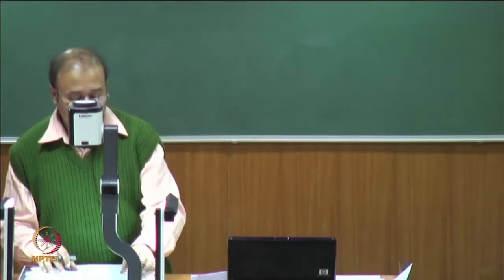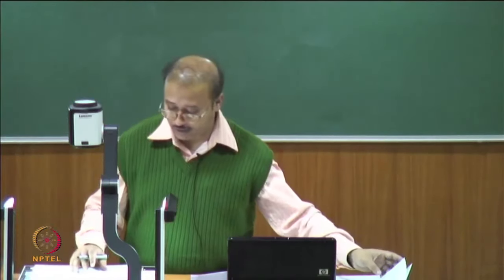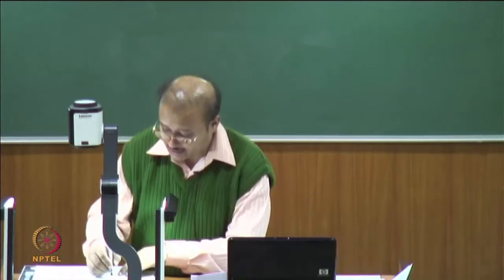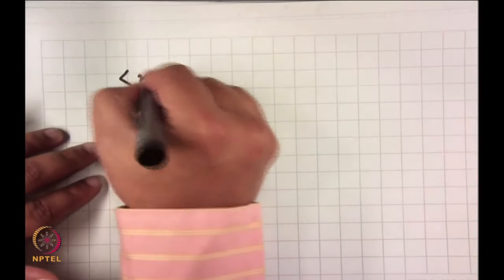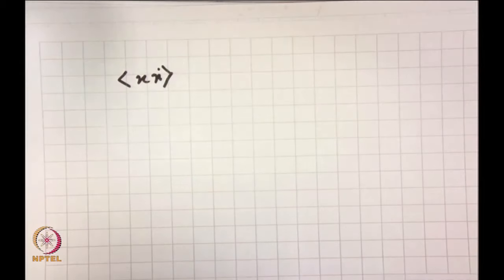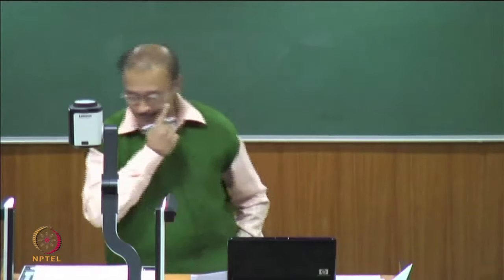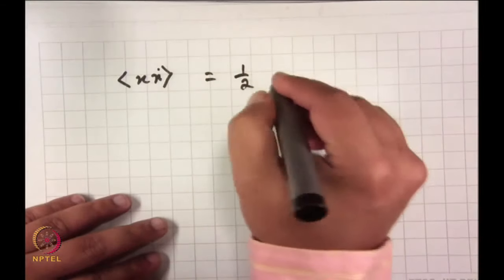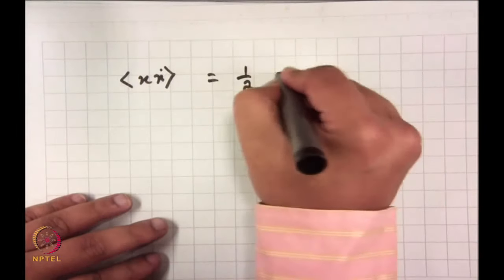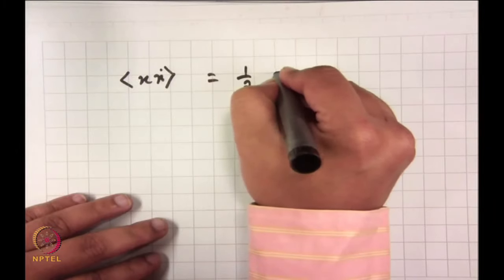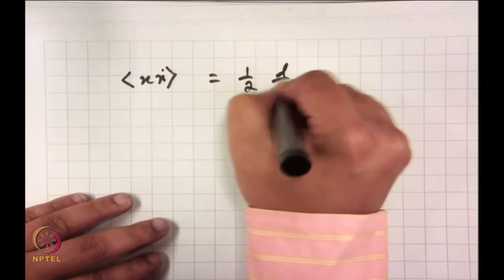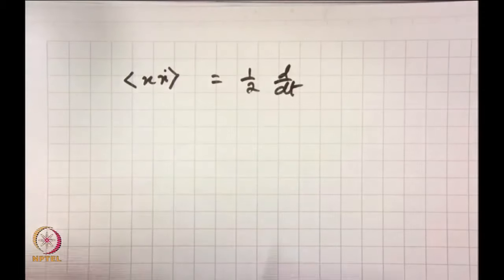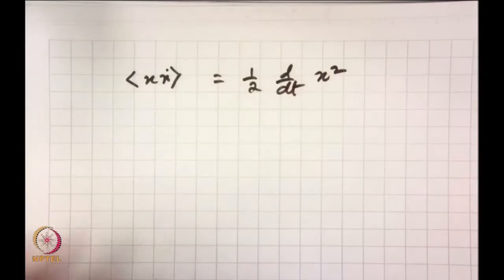So, going for this mean square displacement, this x dot, right. Now, I want to replace x dot. How can I replace it? Can I write this as half d of dt x squared?